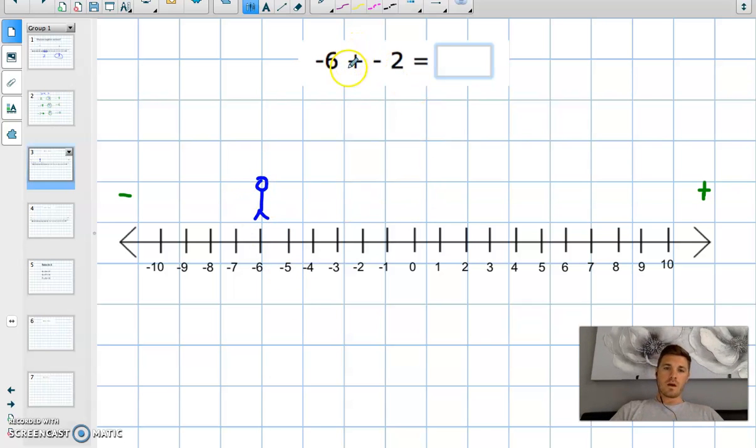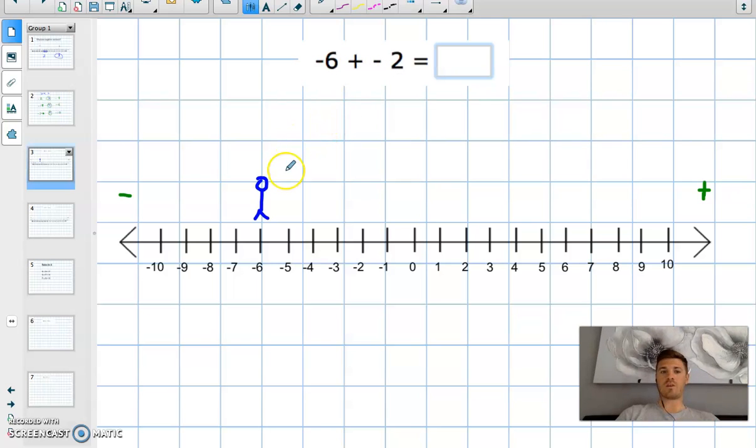Once I've drawn my man on the number that I've started on, I'm then going to look at the operation, and it's addition. Then I'm going to draw my one arm and it's going to point towards the operation. So if it was negative I'd draw the arm going that way, pointing to the negative number. But because it's the positive, the addition sign, I'm going to point the arm towards the positive sign.